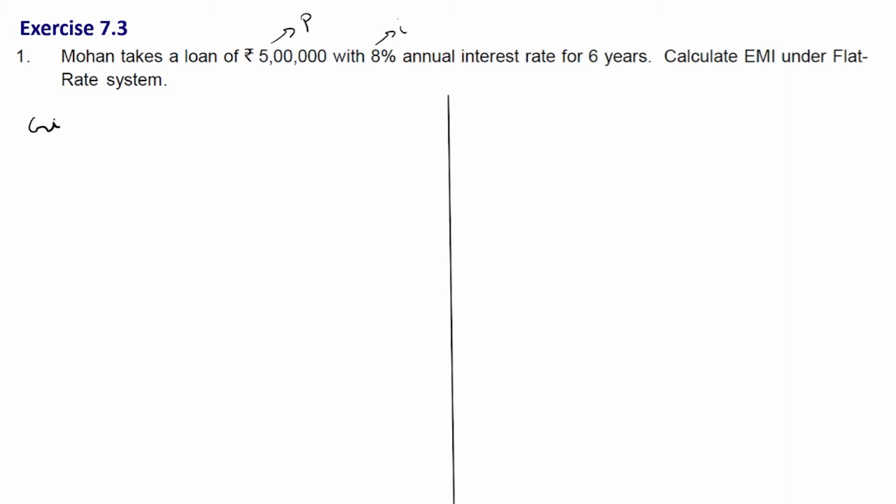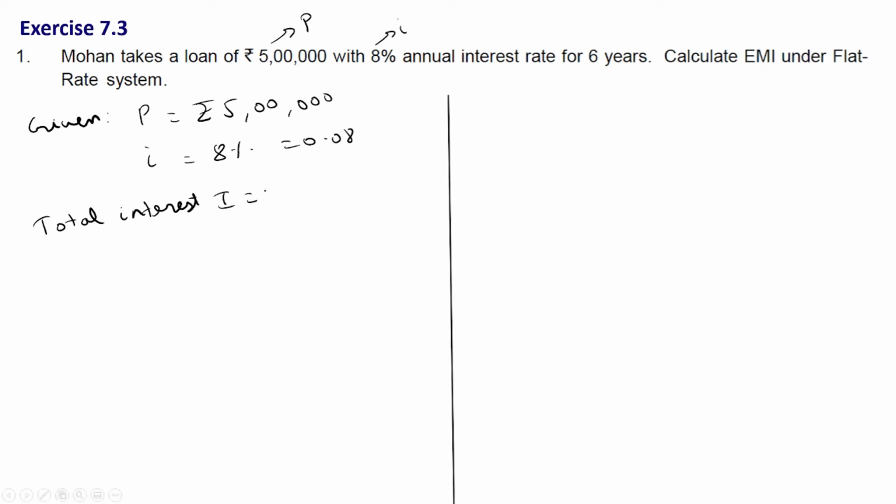So first let us write what is given. Given P is equal to rupees 5 lakhs and the annual interest is 8%, so this is 0.08. The total interest for the entire time period will be 8% of the principal for each year. It is repaid in 6 years, so it will be 8% of this 5 lakh into 6.